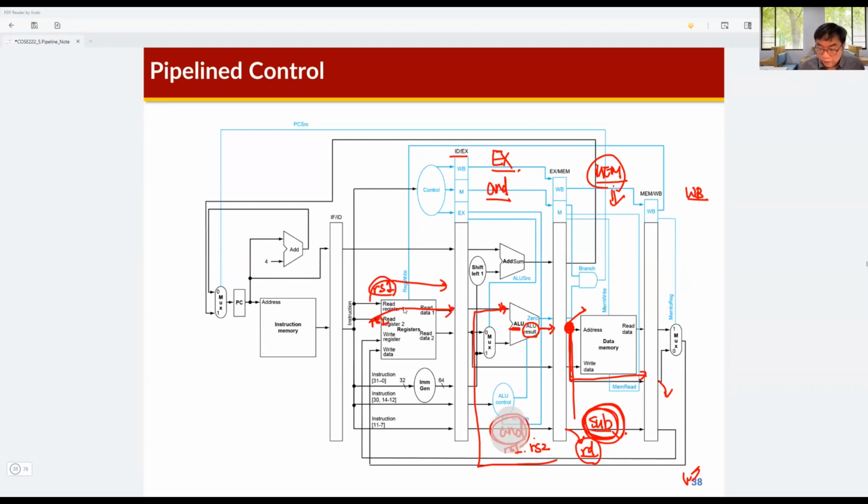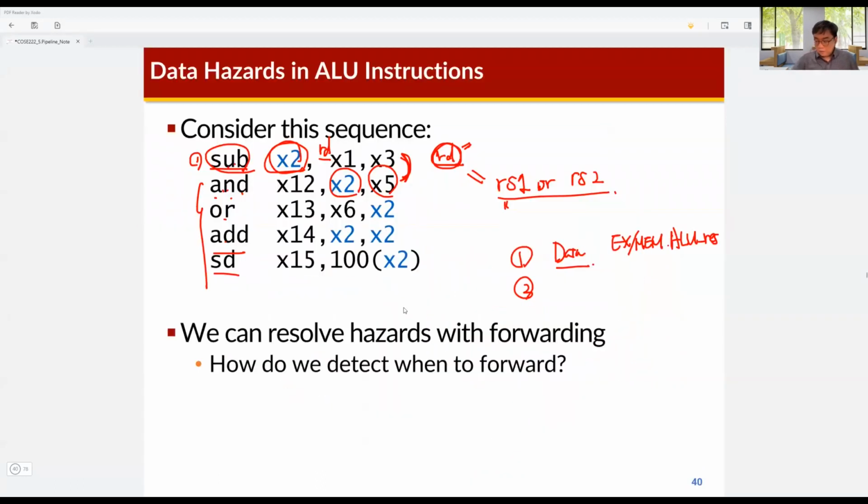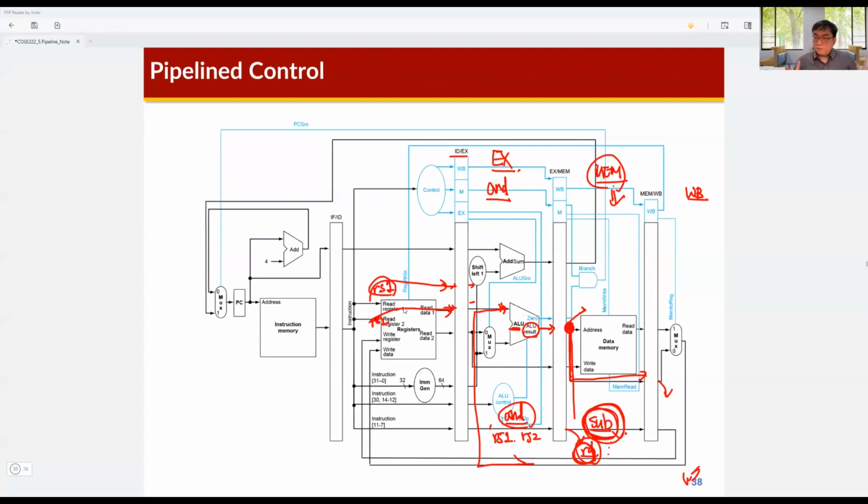So these source register numbers are also forwarded to the pipeline register. RS1 and RS2 of this AND instruction are compared to the RD of the sub instruction. This timing is very critical. Just remember where the sub instruction and the AND instruction are. We need to check the data forwarding condition between them.